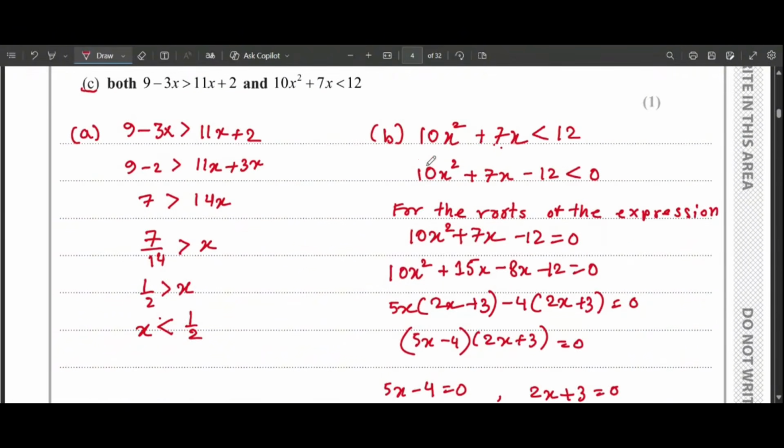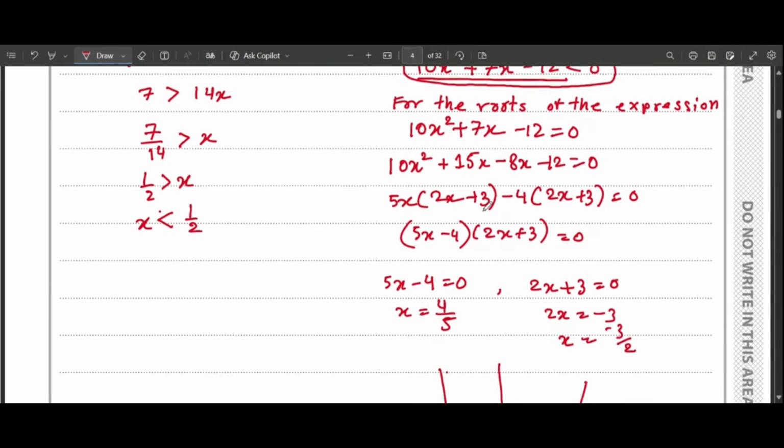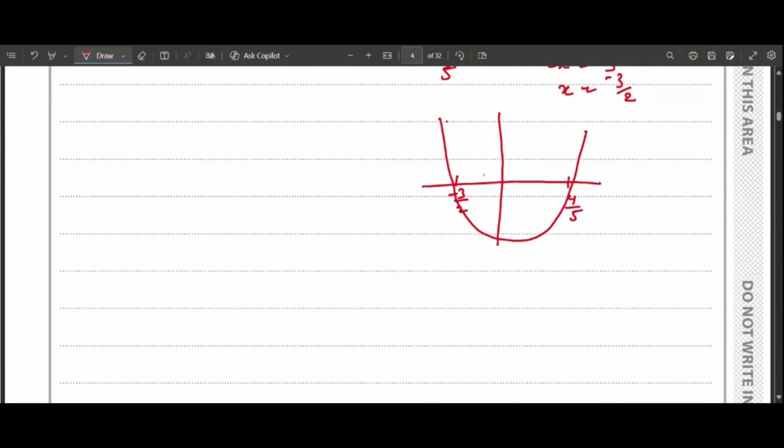From our inequality, I can see that the solution to this inequality is when our expression is less than 0. So from the graph, I can see that when our expression is less than 0, our required region is this.